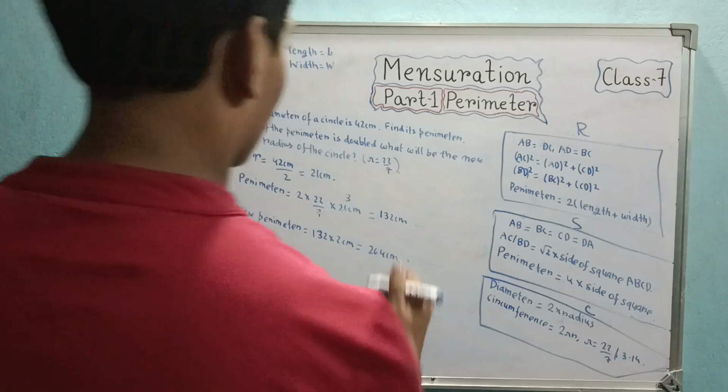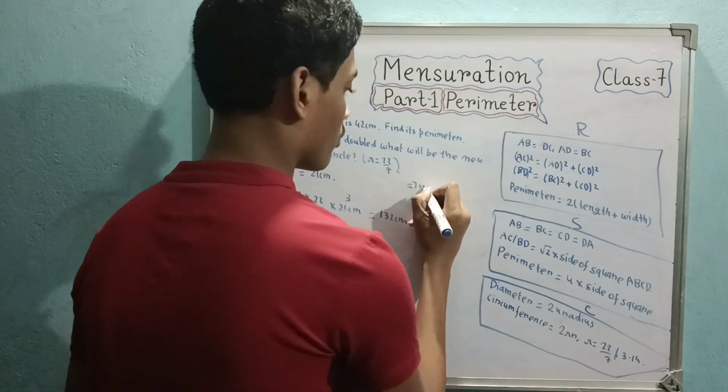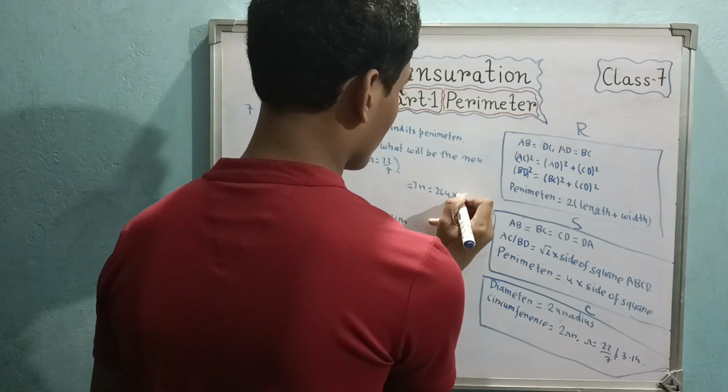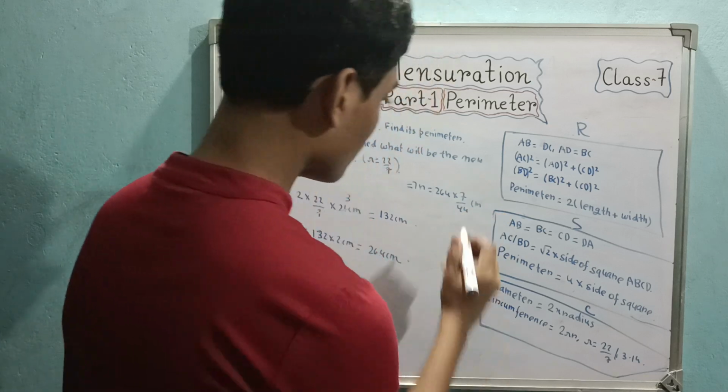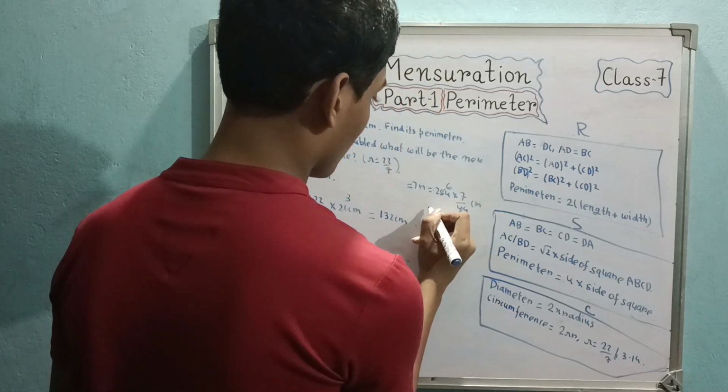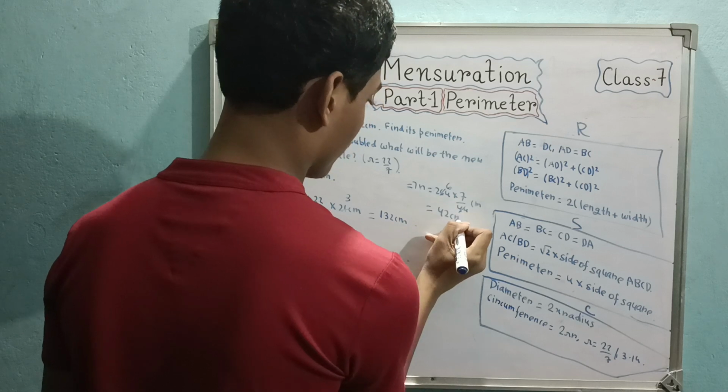So r will be equal to 264 into 7 by 44 centimeter. Just cancel this out. It is 6 into 7 equal to 42 centimeter.